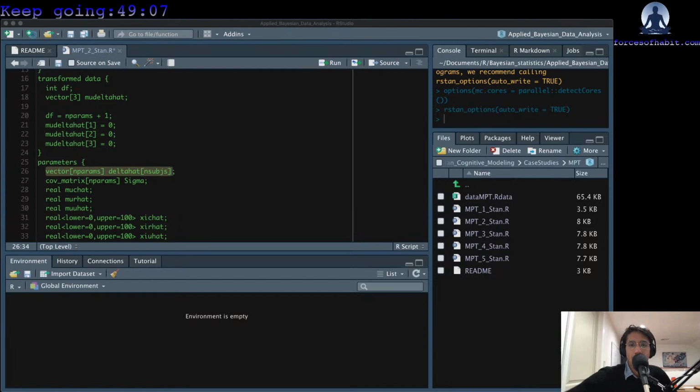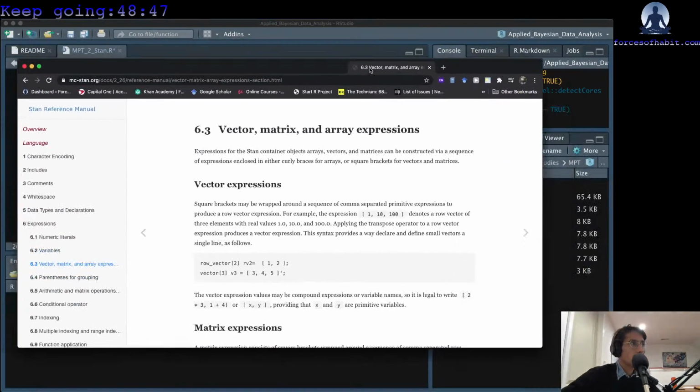Square brackets may be wrapped around a sequence of comma-separated primitive expressions to produce a row vector expression. So for example, the expression, here, I'll pull this over to the screen so we can take a look together.